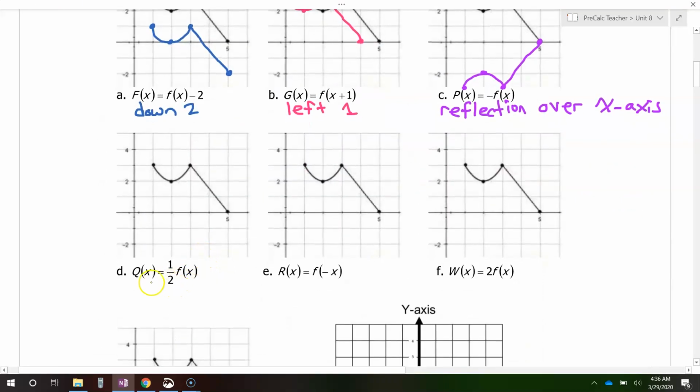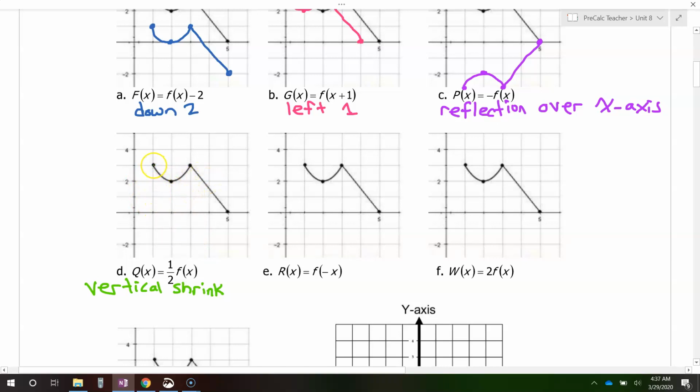All right, what's next? So this is the a value, and this is going to be a vertical compression, or you could say vertical shrink, by a factor of 1/2. So that means all of the y values will be cut in half.